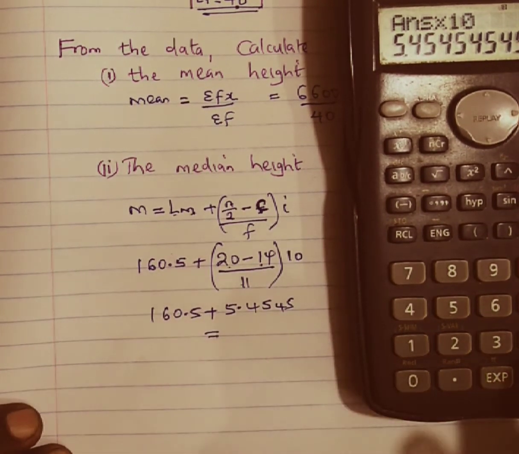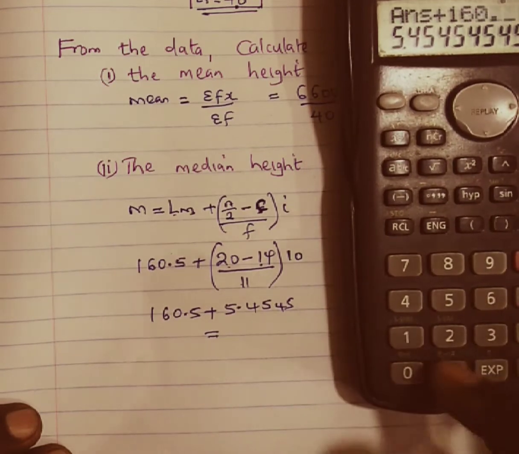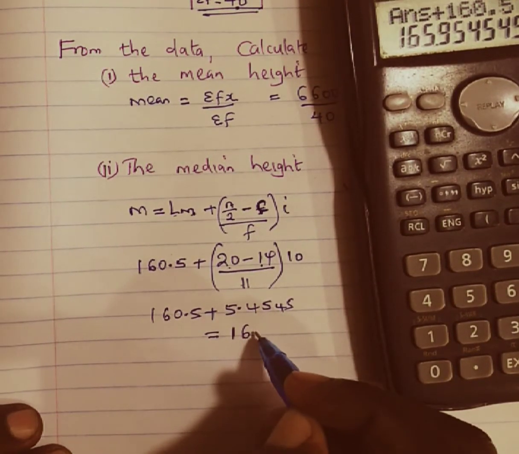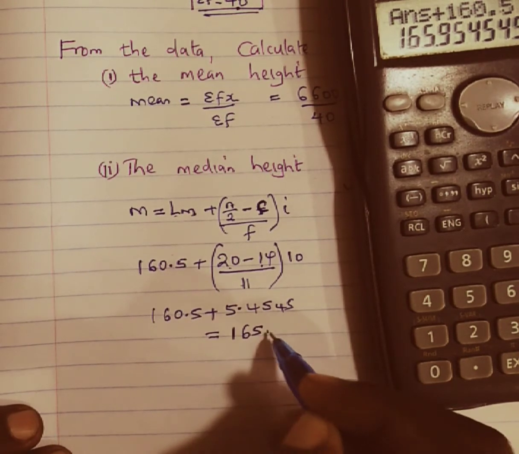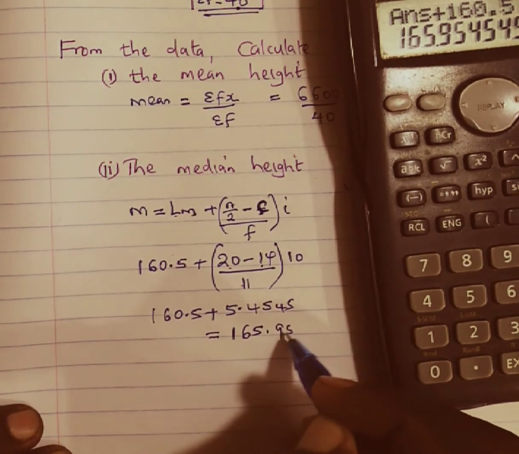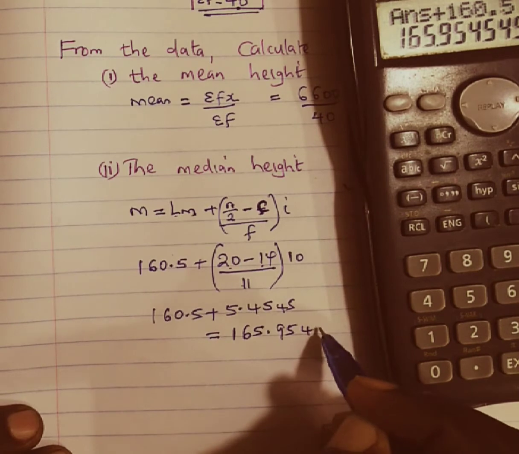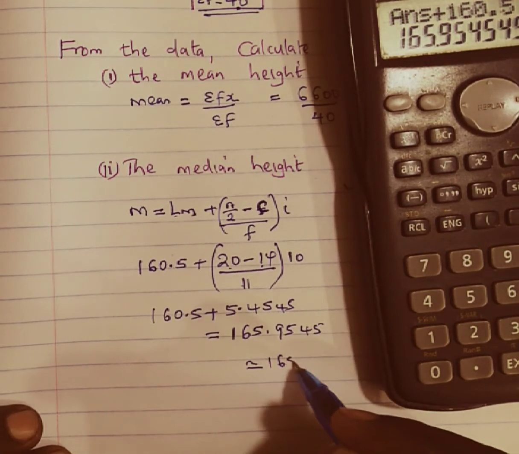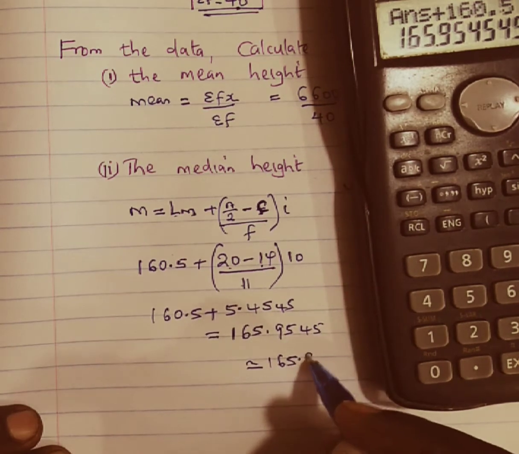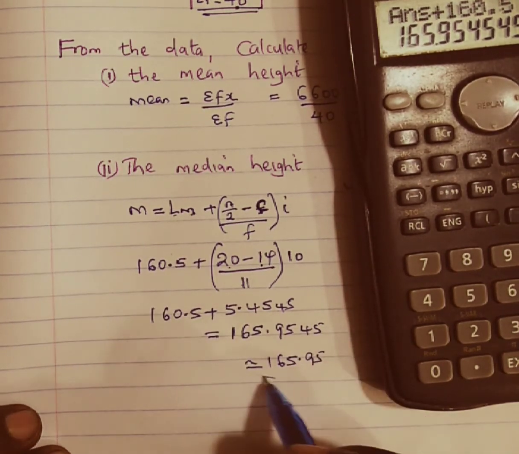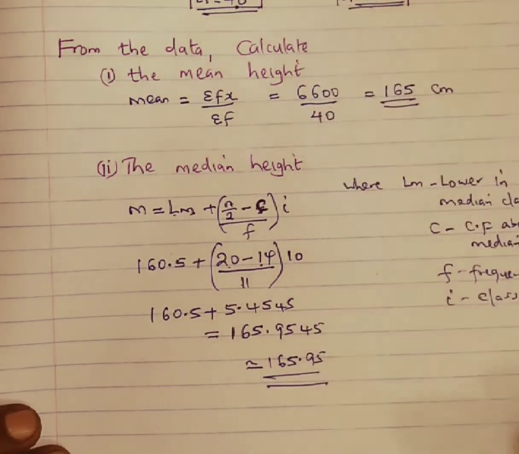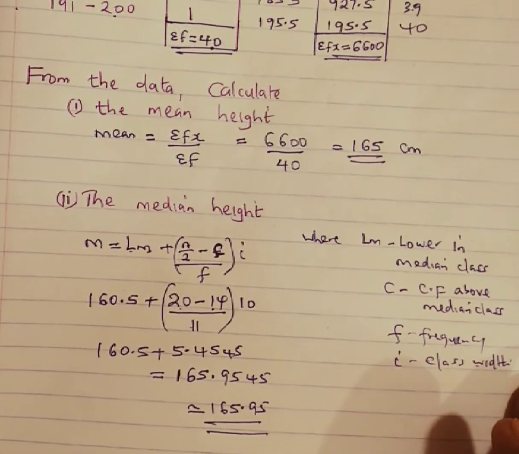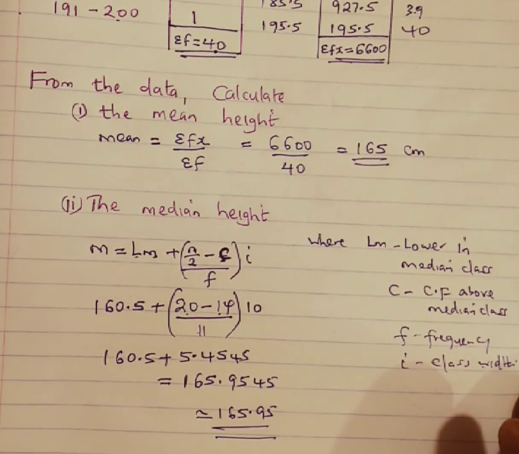If you add the 160.5, this gives us 165.9545, which is approximately 165.95 to 2 decimal places, and that is the answer to this particular question.